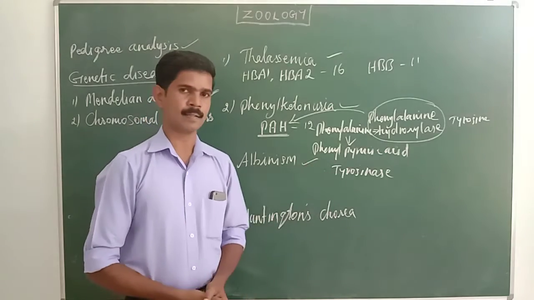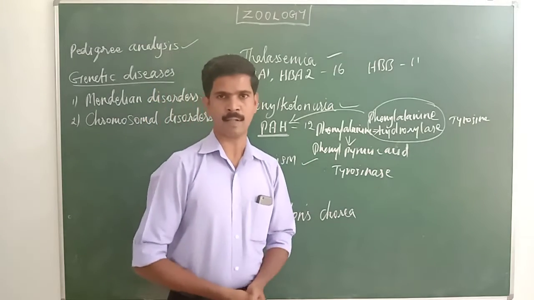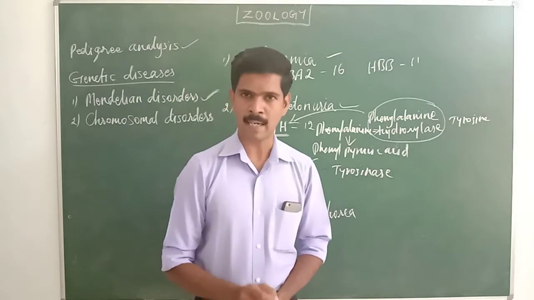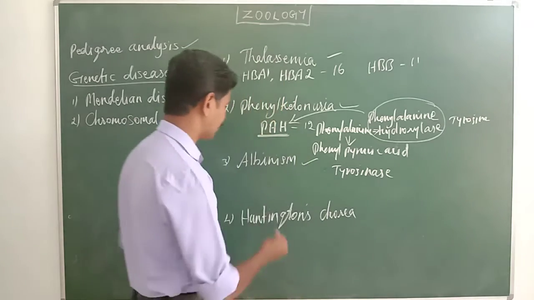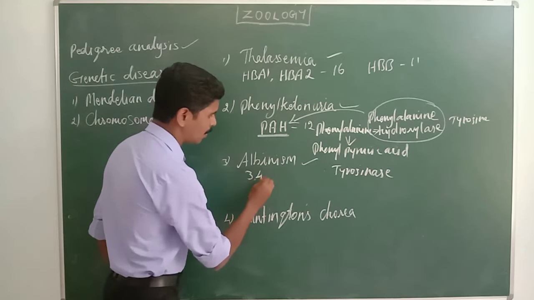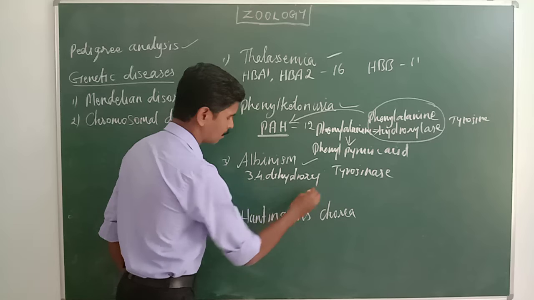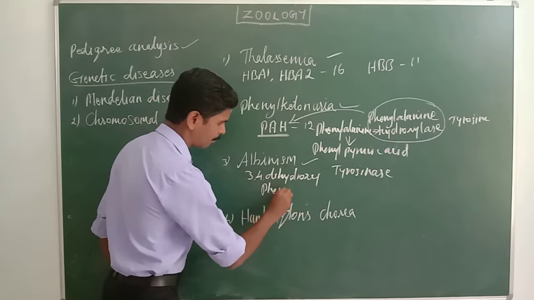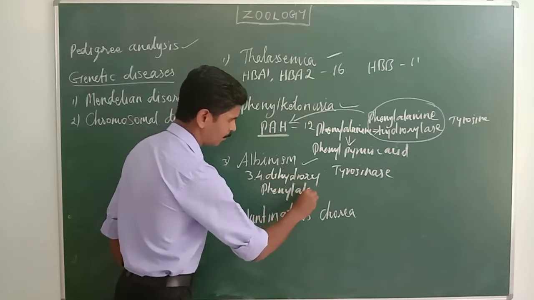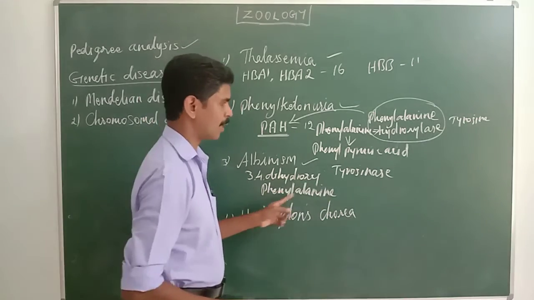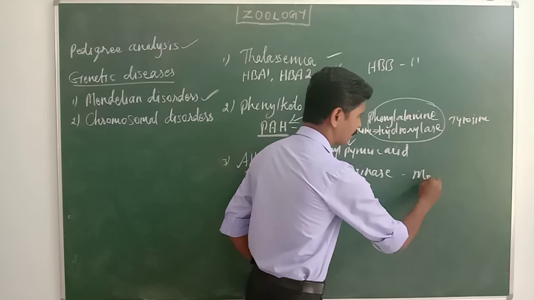This tyrosinase is used to convert 3,4-dihydroxyphenylalanine into melanin.